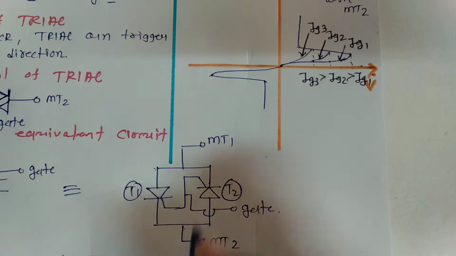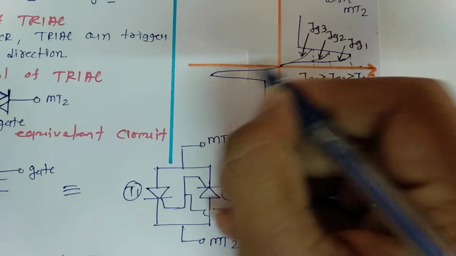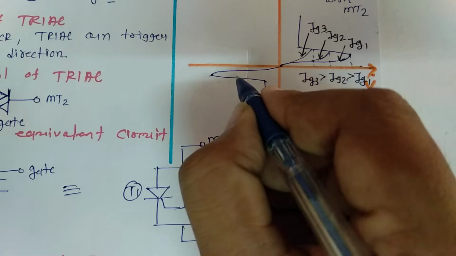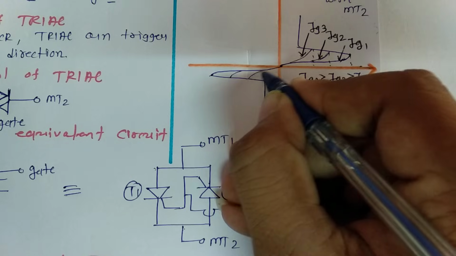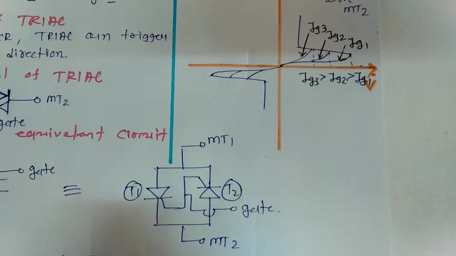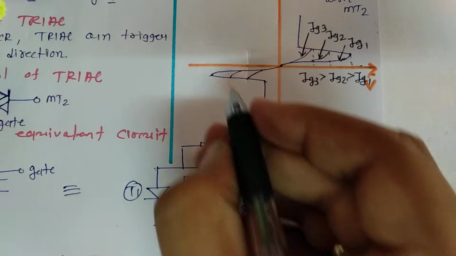And here too there will be three cases: as you increase gate current, the forward breakover voltage will decrease, as we have seen for MT1 positive with respect to MT2.